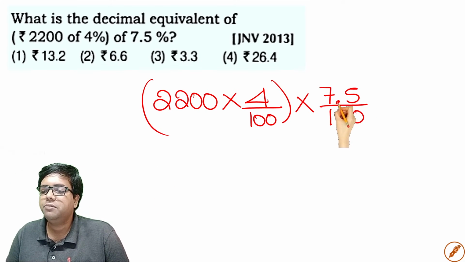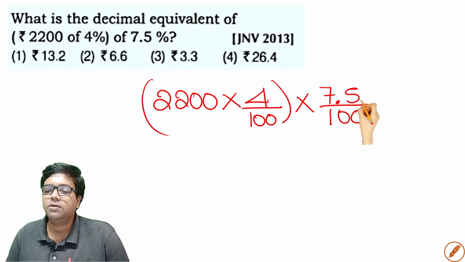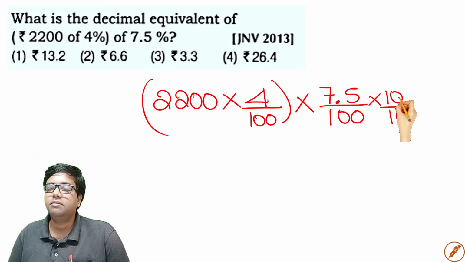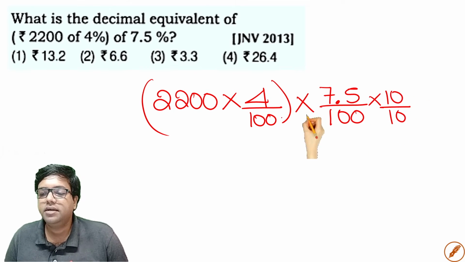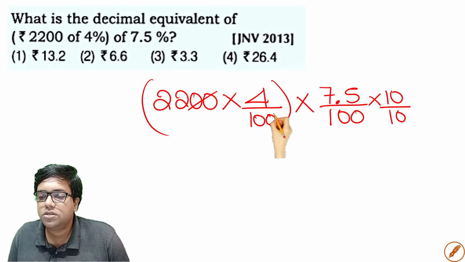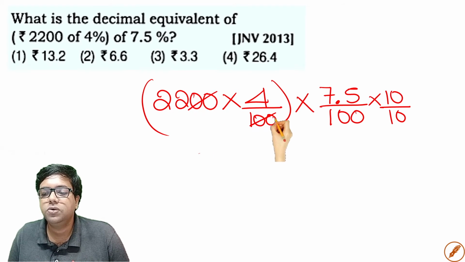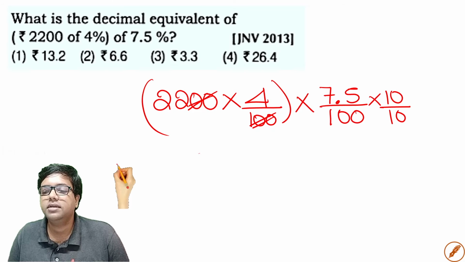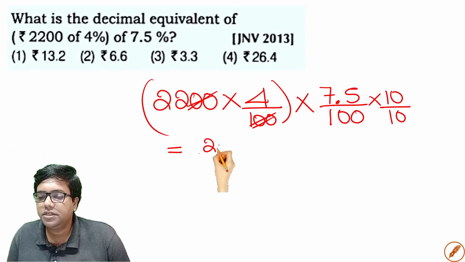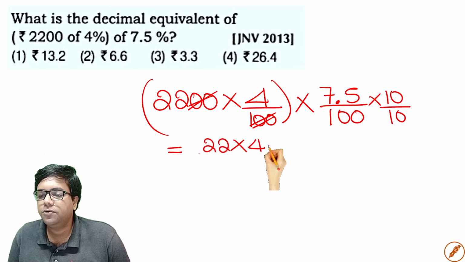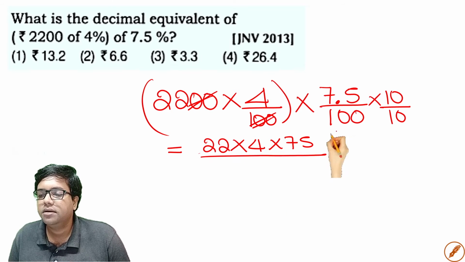There is 1 digit after the decimal. In order to take it away, I will multiply and divide by 10. So 2 zeros will go away. Then we are left with 22 into 4 into 75 by 1000.